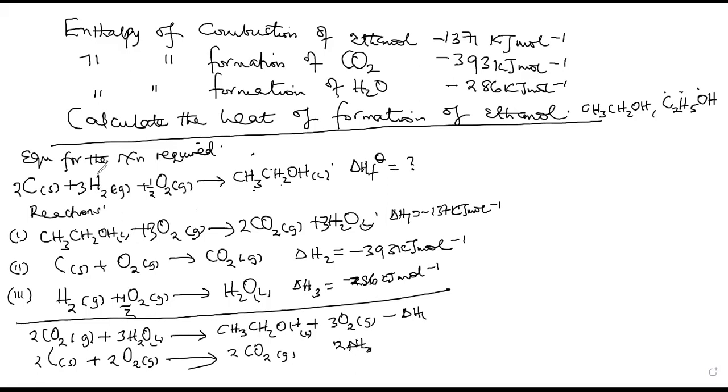Then the third equation, here we are having 3. The third equation, because we are having hydrogen and oxygen, oxygen is balanced, a half. So for equation 3, we need to work on the hydrogen. Hydrogen is 3 in the required equation, hydrogen is 1 here. So we shall multiply equation 3 by 3.